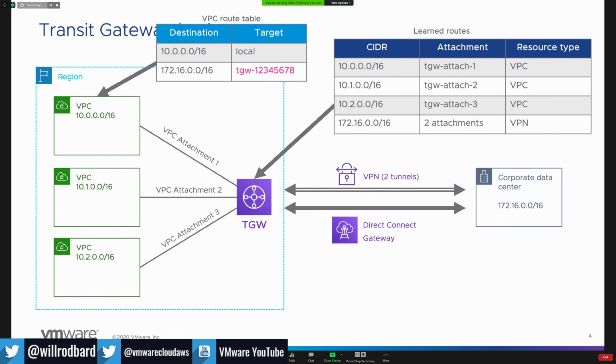It learns from connections. So every VPC you attach, we learn the VPC CIDR, and that's a VPC attachment, but also with corporate data center or VPN, then we have BGP sessions that we can learn about data center networks. Or VPN or direct connect gateway with virtual interface where we will have BGP information.